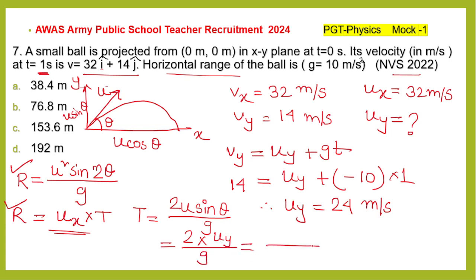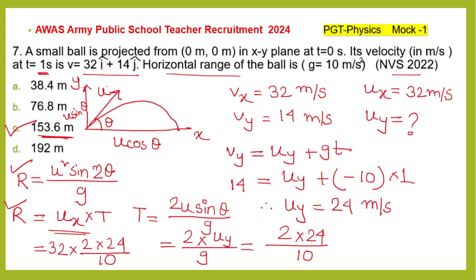So here we put 2 into 24 by 10. This is our time of flight. Now put this value here. What is the formula of the range? That is 32 into 2 into 24 by 10. If we solve this, option number C, that is 153.6 meters. This is our final answer.